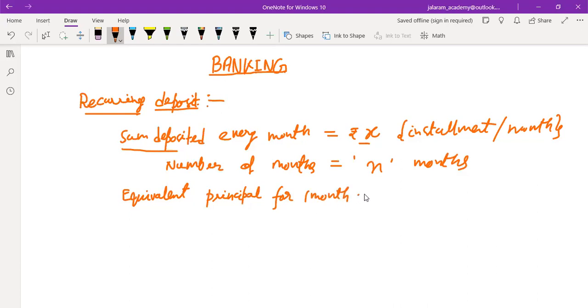Equivalent principal for 1 month means that sum which will fetch the same amount in 1 month which this rupees X produces in n months. So equivalent principal for 1 month is obtained by multiplying this X with n into n plus 1 upon 2. This principal is called the equivalent principal for 1 month.